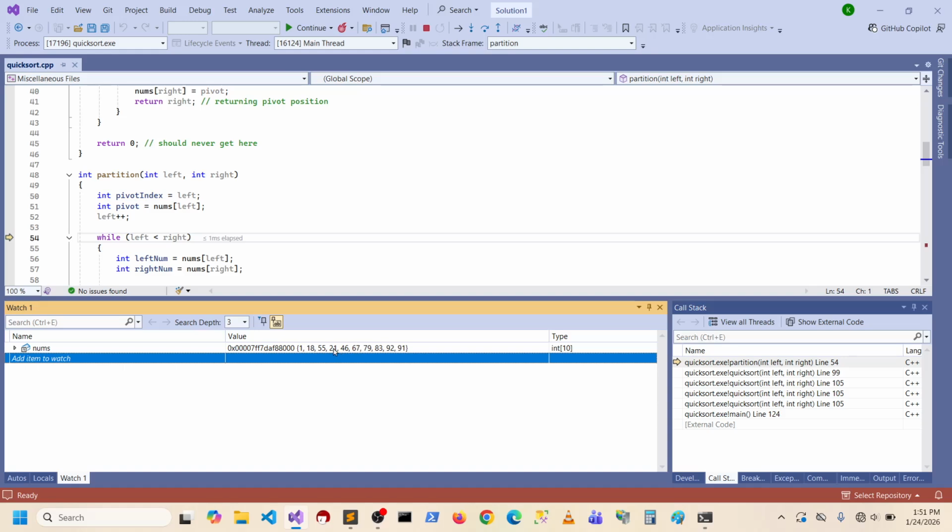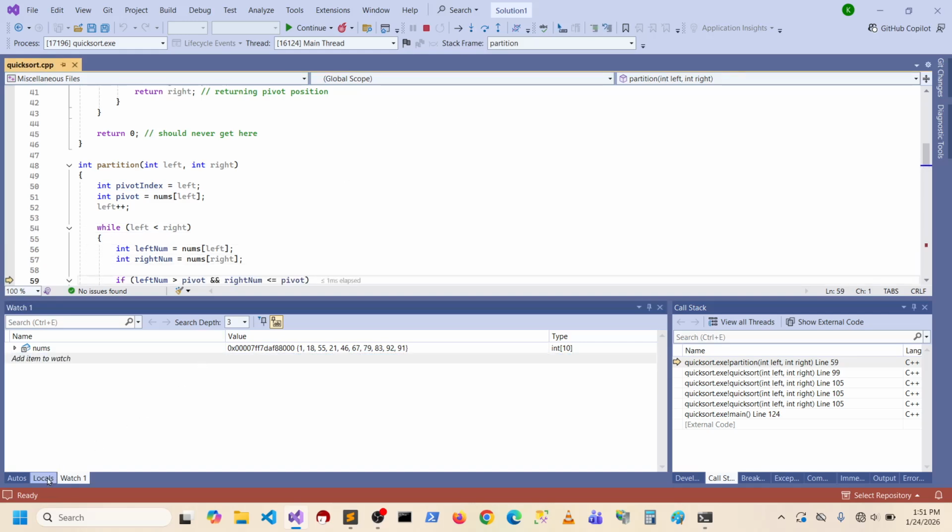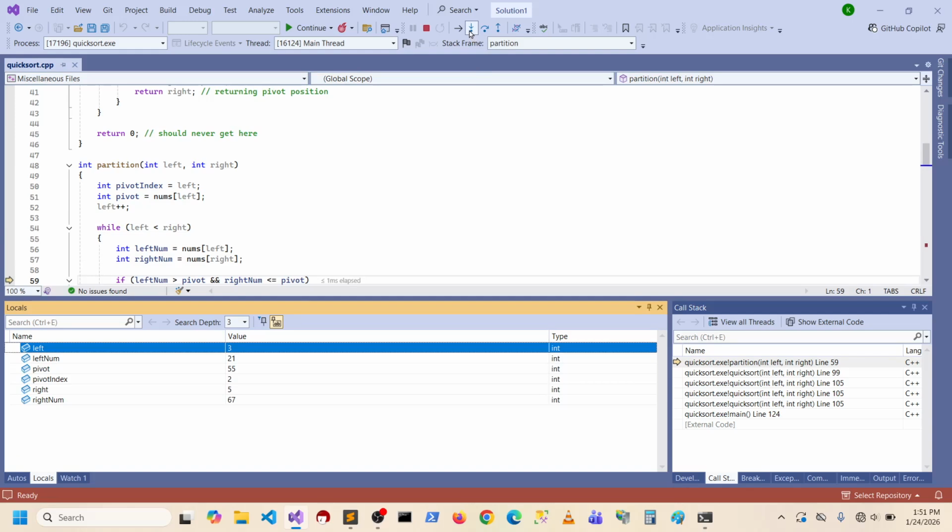So 3 is less than 55. 21 and 67. So nothing needs to be swapped there.